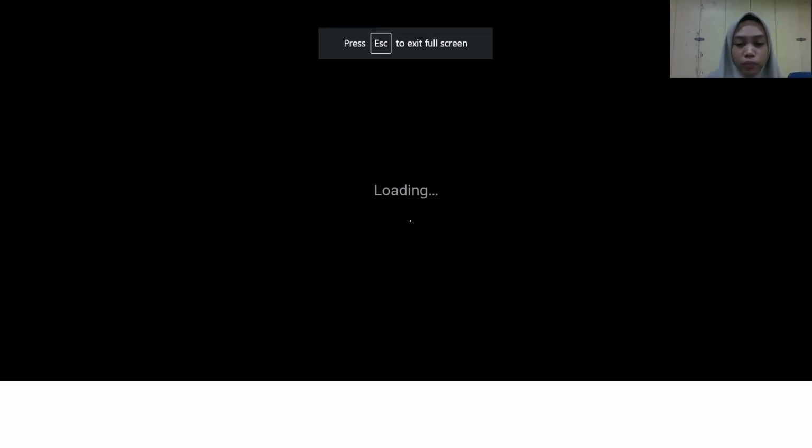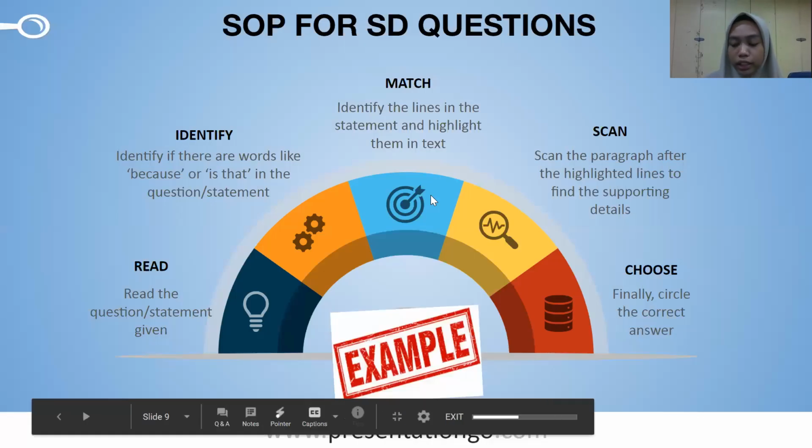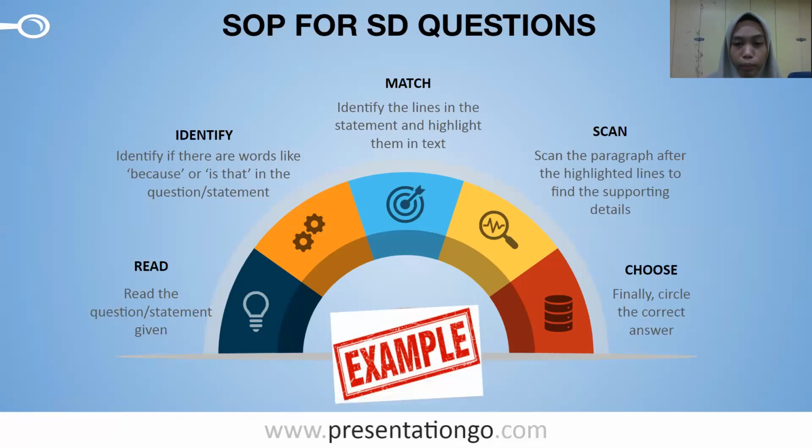I will be sharing with you my SOP, but first, I will explain what supporting details are. Supporting details are sentences that help us understand more about the main idea.